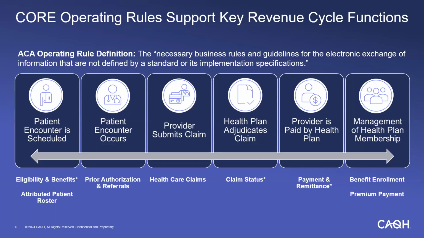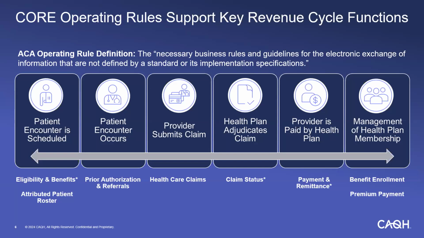So any of those spaces where there is data exchange, often between the provider and the health plan, you'll find a set of core operating rules in that space. So it's really important that we all take stock of the impact that this has for the broader environment and that ecology that we have to do to ensure that environment is healthy.